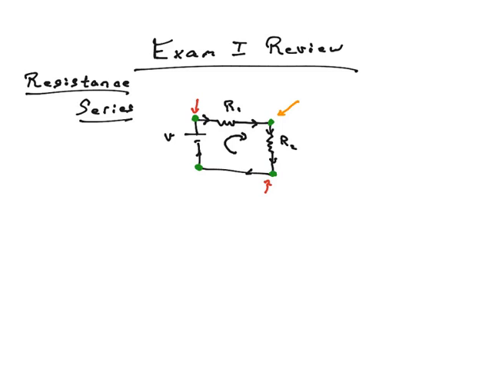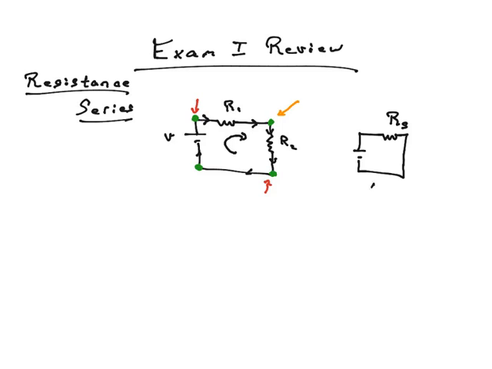Why do we care? Well, if resistors are connected in series, then we can calculate the total equivalent resistance. So that is to say, we can redraw this circuit with only one resistor whose resistance, we'll call R series here, is the same, or that is to say, it affects the current running through this circuit the same way that the original circuit affects the current.